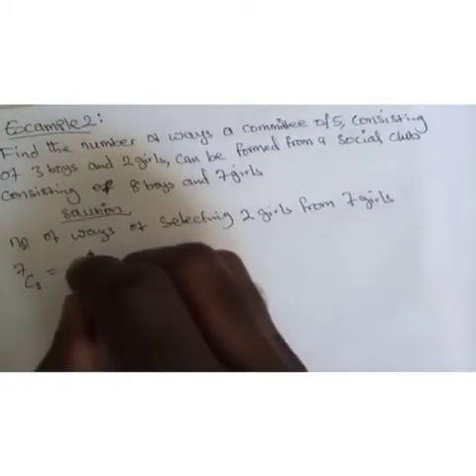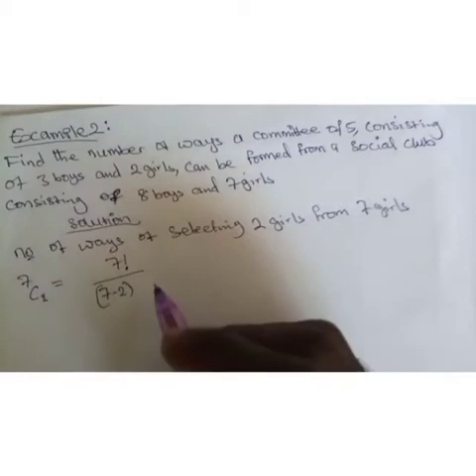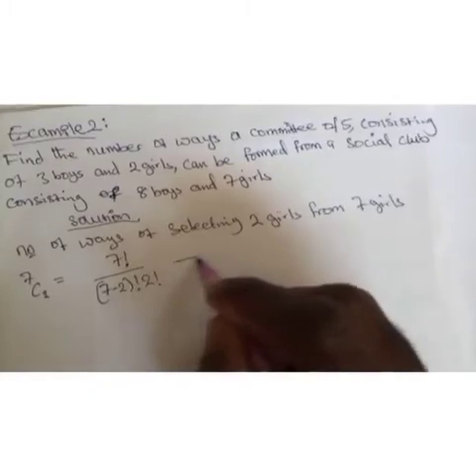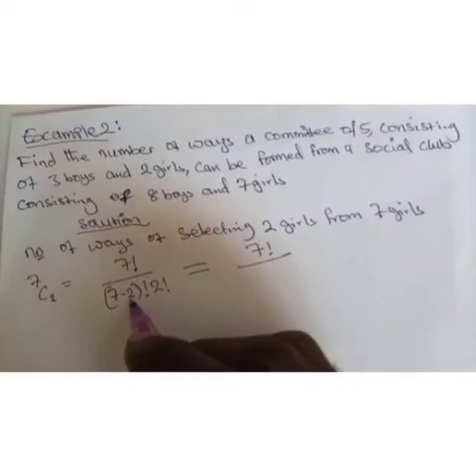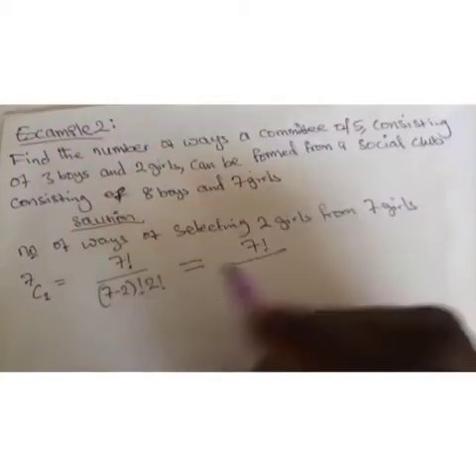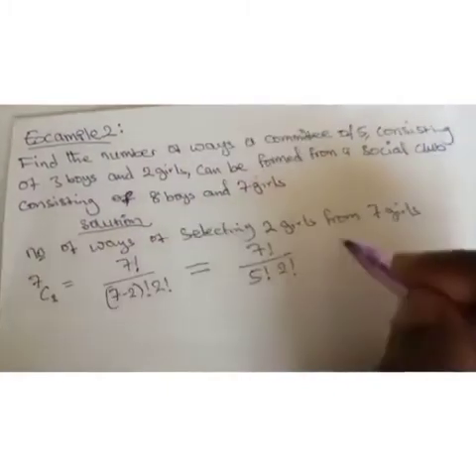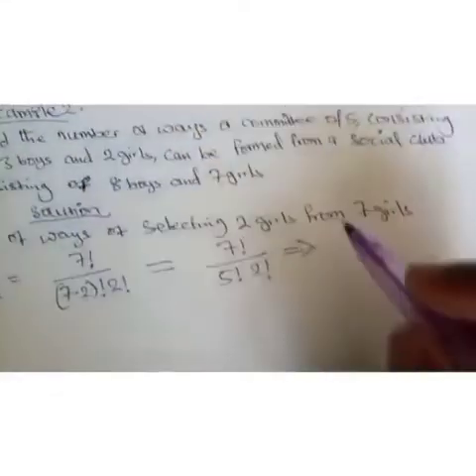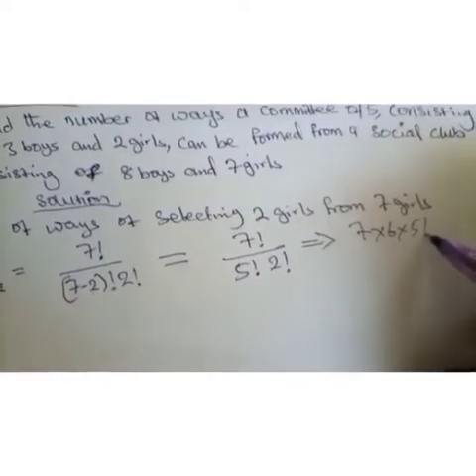So 7 combination 2 is 7 factorial all over 7 minus 2 factorial, 2 factorial. 7 minus 2 is 5, so we have 5 factorial, 2 factorial. 7 factorial is 7 times 6 times 5 factorial.